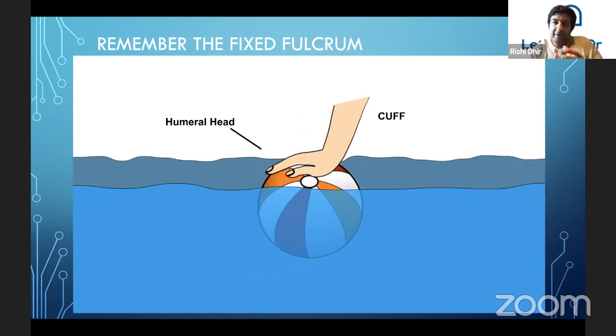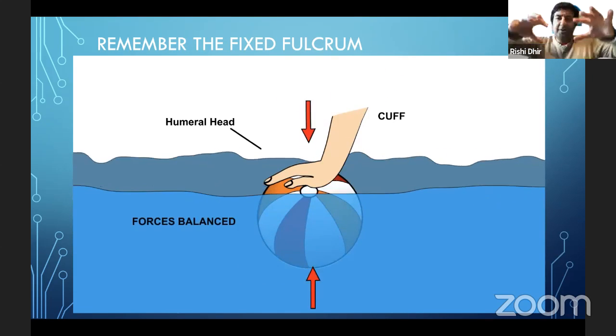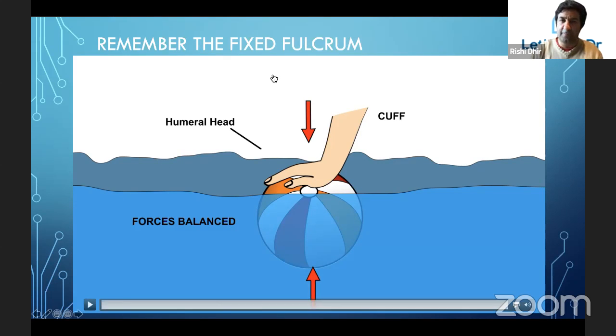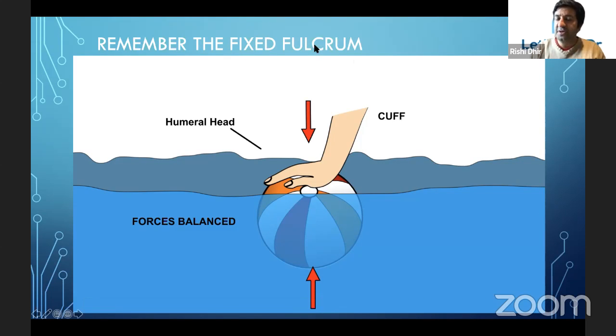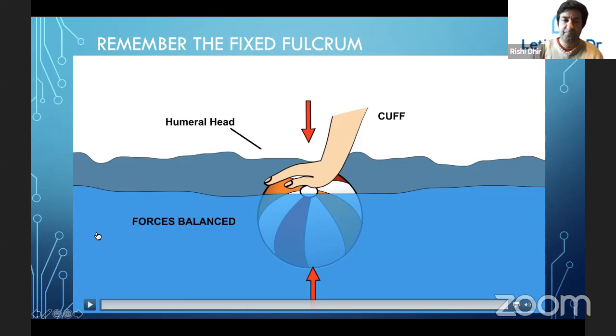So the waves represent the deltoid pushing the head up. Your fingers represent the cuff pushing the head down, and the two forces are balanced. But if the cuff goes, you will get unopposed action of the deltoid, and that will lead to superior migration or uncoupling. Okay, so just remember these force couples and this buzzword, the fixed fulcrum.